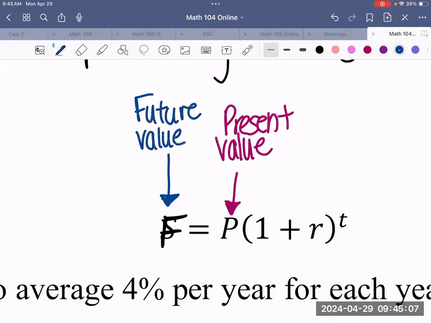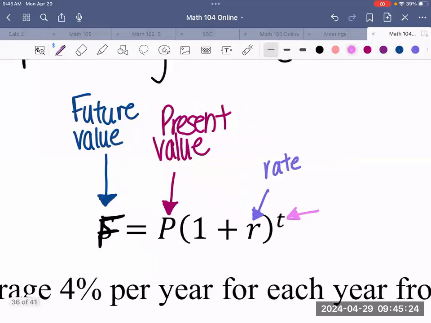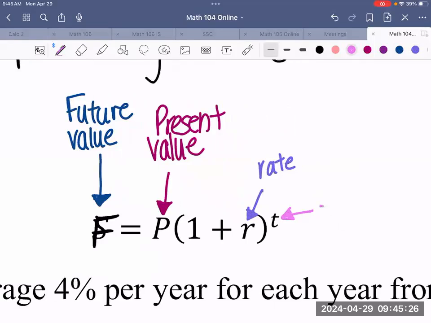Some future value, something that it'll grow to, amount to, anything that says you're going to be having this in the distance. Rate is R, and T is time. Notice that you have the exponent variable.